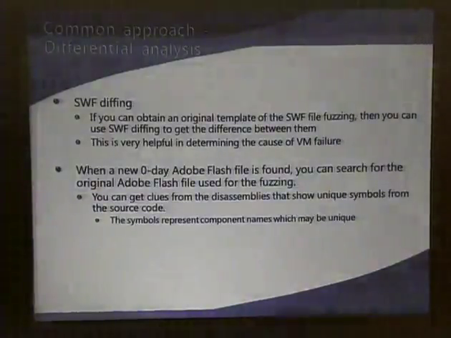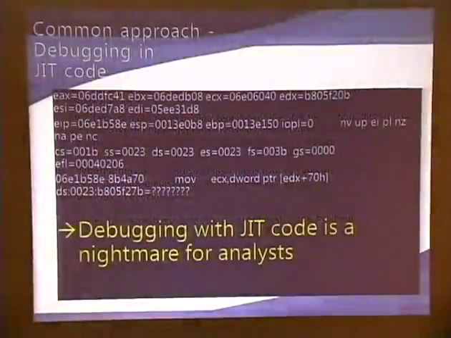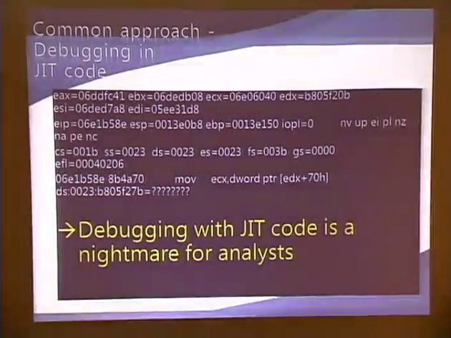But if you can't find the original file, then there is not much you can do, because the starting point will be this crash point, and there is nothing much you can do to figure out what is actually happening here.